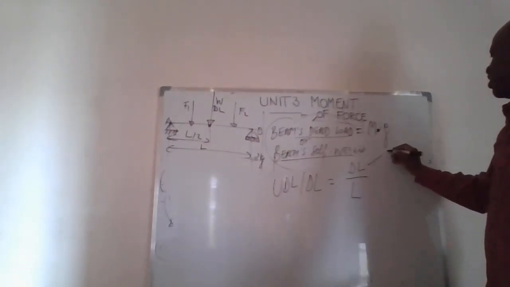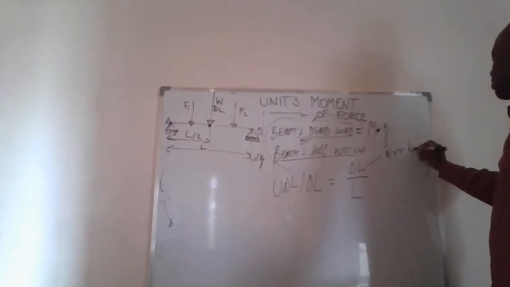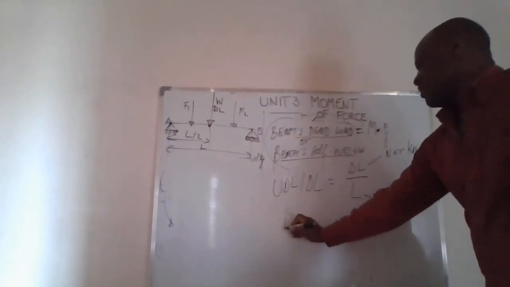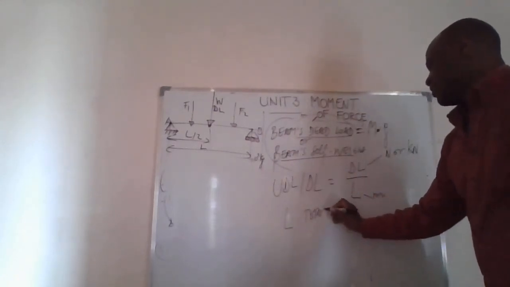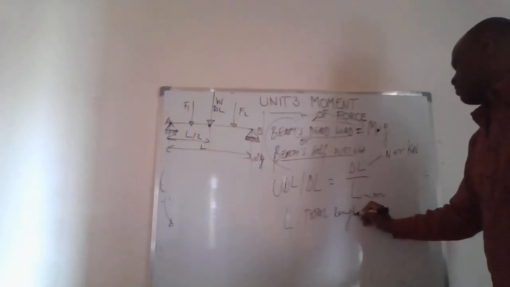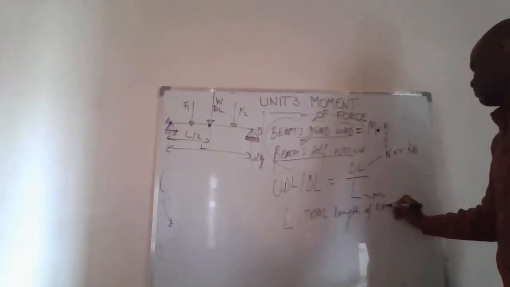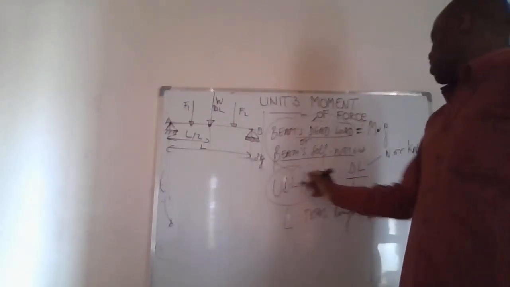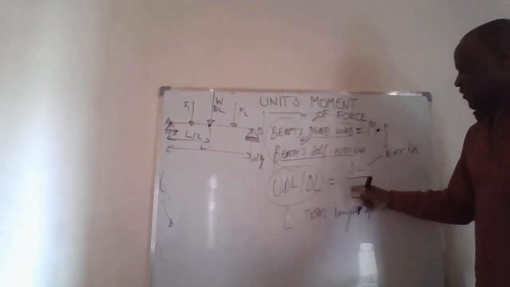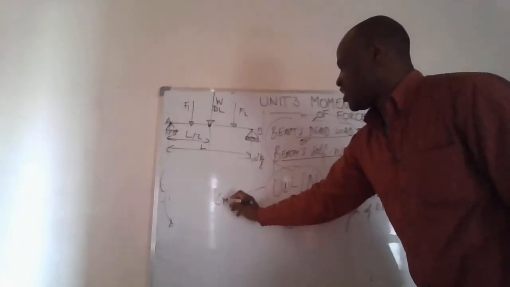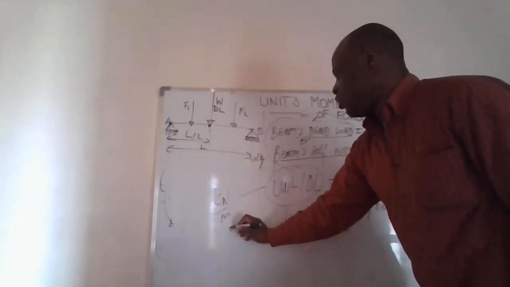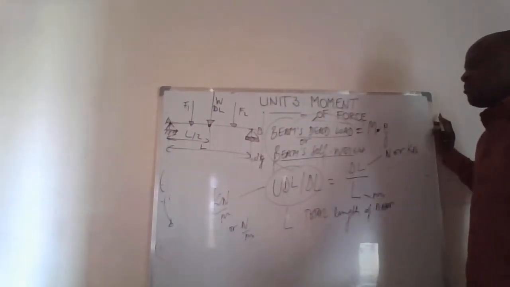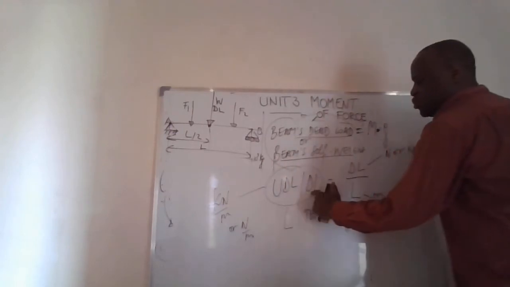The dead load is in newtons, or you can put it in kilonewtons. The length of the beam, L, is the total length of the beam. Now, what's going to be the unit of the UDL dead load? As you can see, it is the dead load over the length. It will be in either kilonewtons per meter or newtons per meter. This is a unit of a UDL, but it's the UDL due to the dead load.